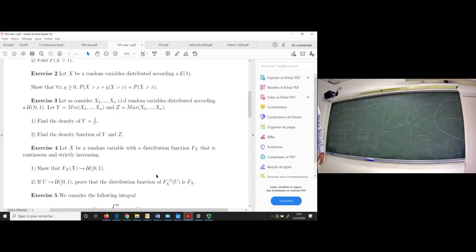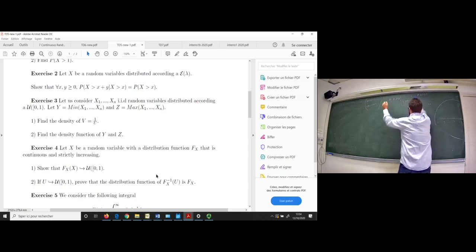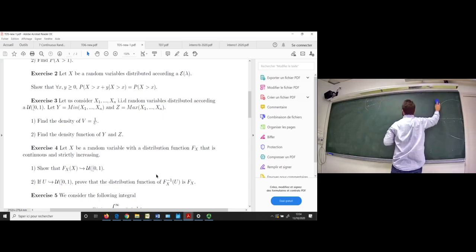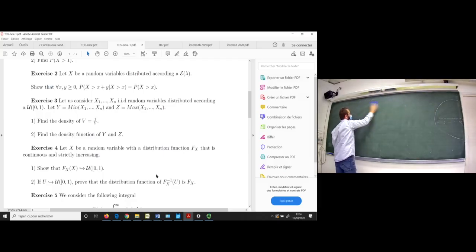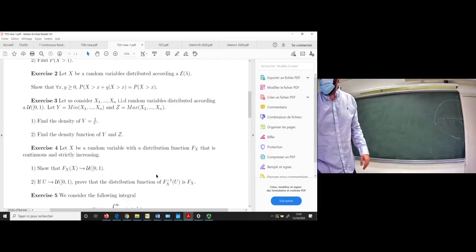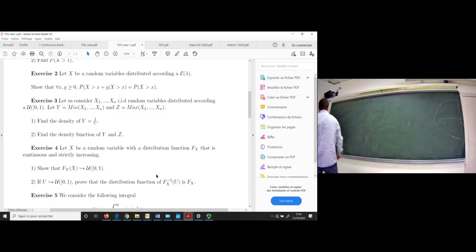You have just a transform of capital U or capital X. So I have independent uniforms on the interval 0, 1, and I am interested in random variables built from them, the first one being just the inverse.